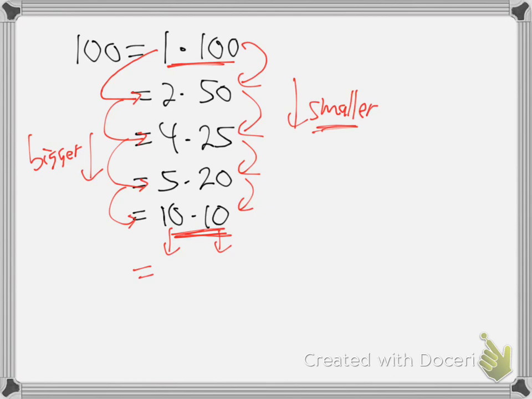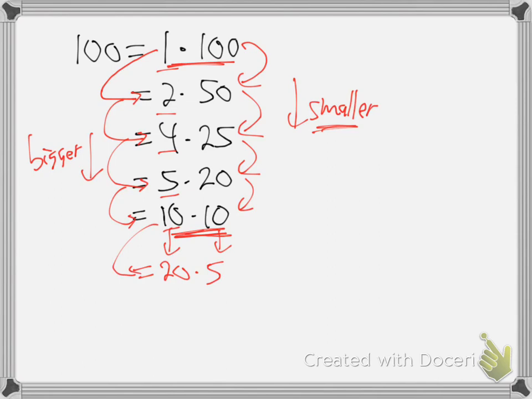What would be the next number after 10? Getting bigger. 1, 2, 4, 5, 10. What's the next number after 10 that goes into 100? 11 doesn't go. 12 doesn't go. 13 doesn't go. 20. It's all the way to 20. Big jump. 20 times what is 100? 20 times 5, right?